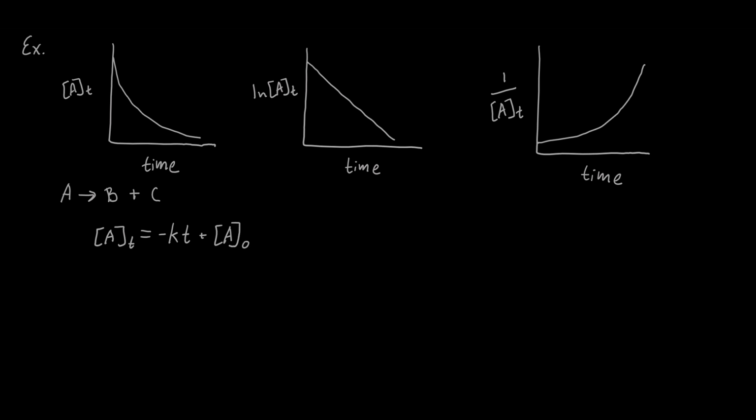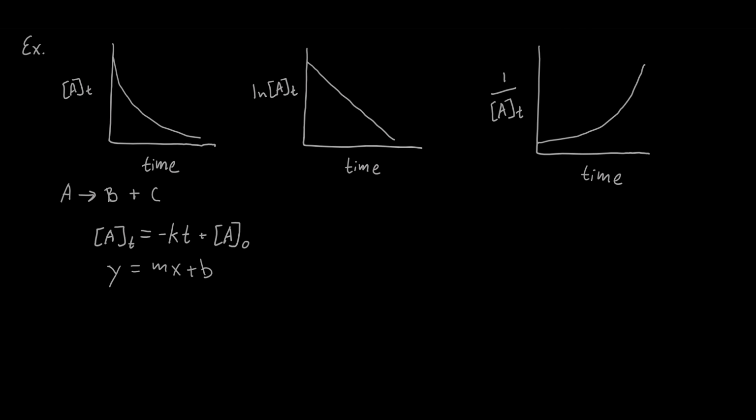And what we notice here is that the line is not linear, so since our equation is in the y equals mx plus b form, we're expecting a linear graph. So since it's not linear, we know that it's not a zeroth order reaction.